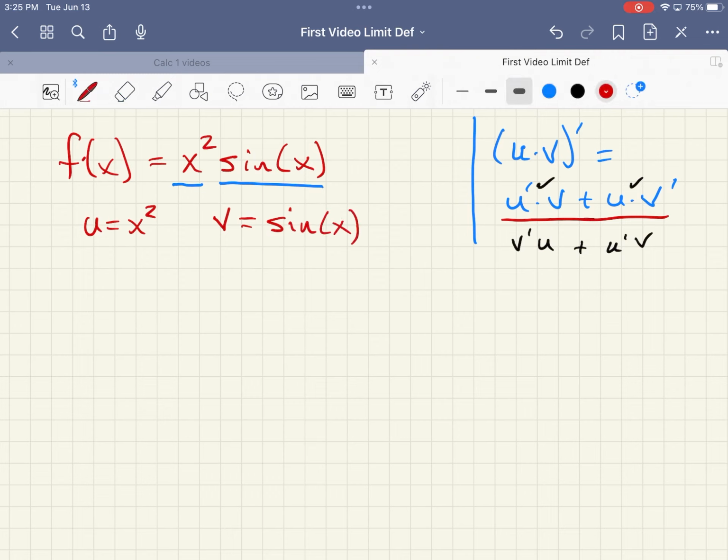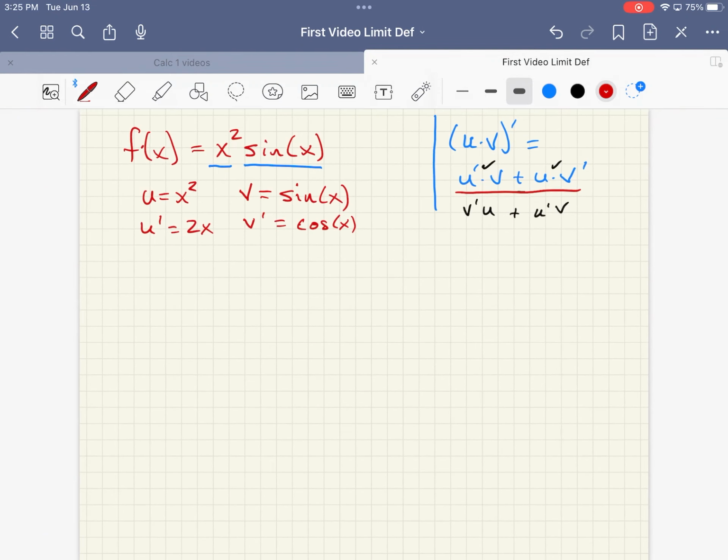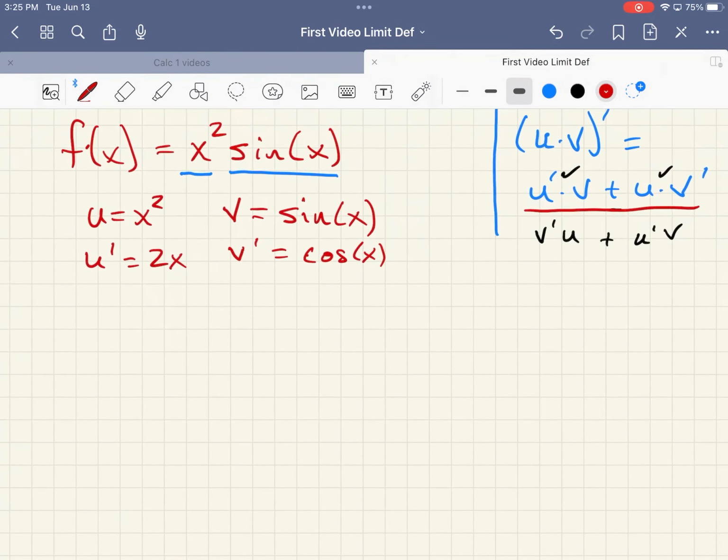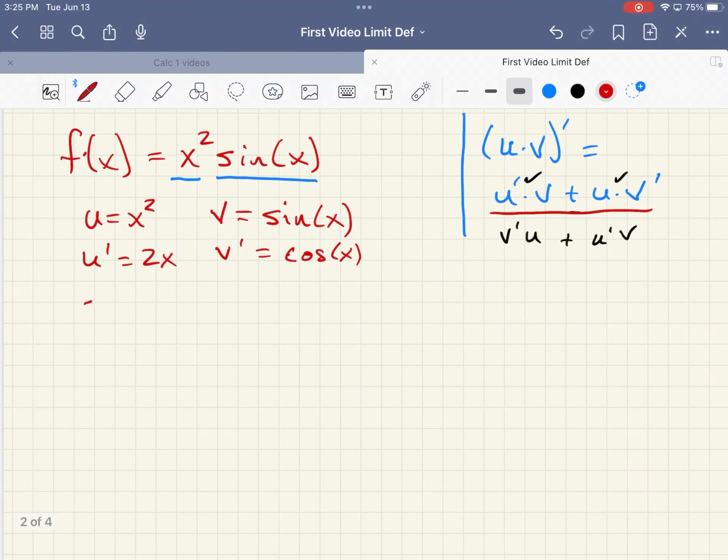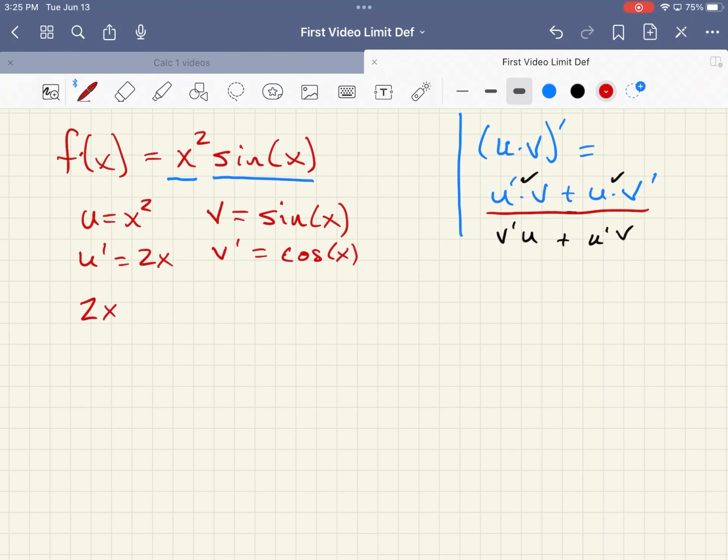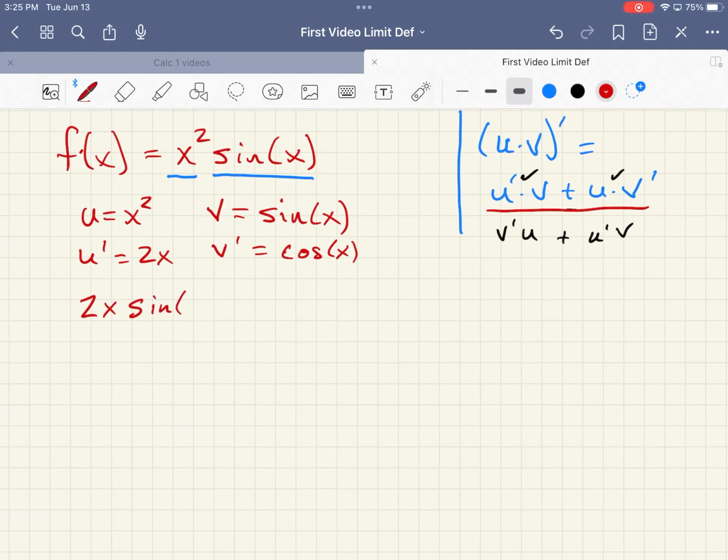That means that u prime is 2x and v prime is cosine of x. So if we use this formula here, we're going to do u prime, which is 2x, times v, sine of x, plus u, x squared, times v prime, cosine of x. And that will be the derivative.